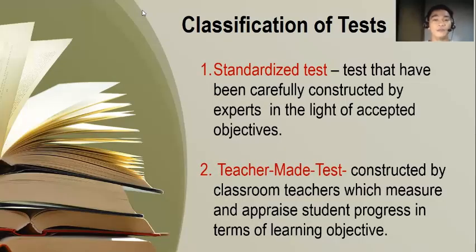That's why it is called a standardized test: it is not only used for classroom testing, but is used commonly by many. For example, a standardized test for English is used by all English teachers.